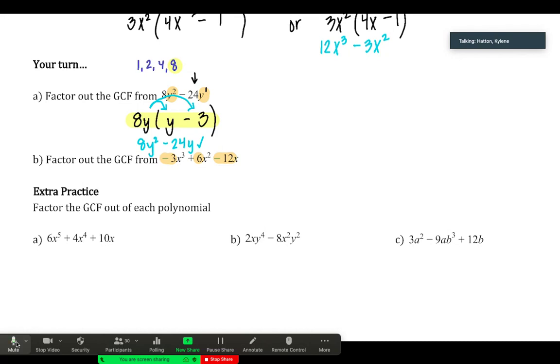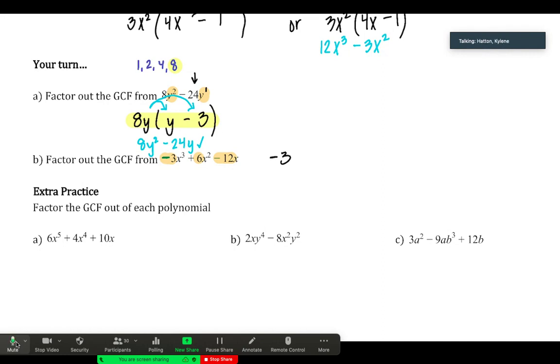Not only that, but I'm also going to factor out a negative because that first number was negative. I want you to try to get in the habit as soon as possible: if the first number in your expression is negative, also factor out a negative. It'll make your life a little bit easier later on. So because we had a negative 3, I'm going to factor out a negative along with my GCF of 3.